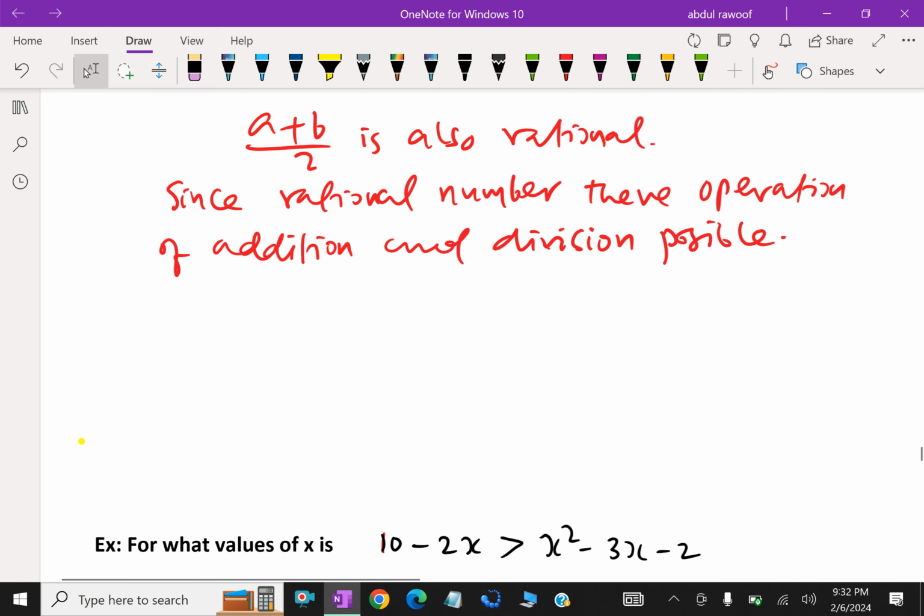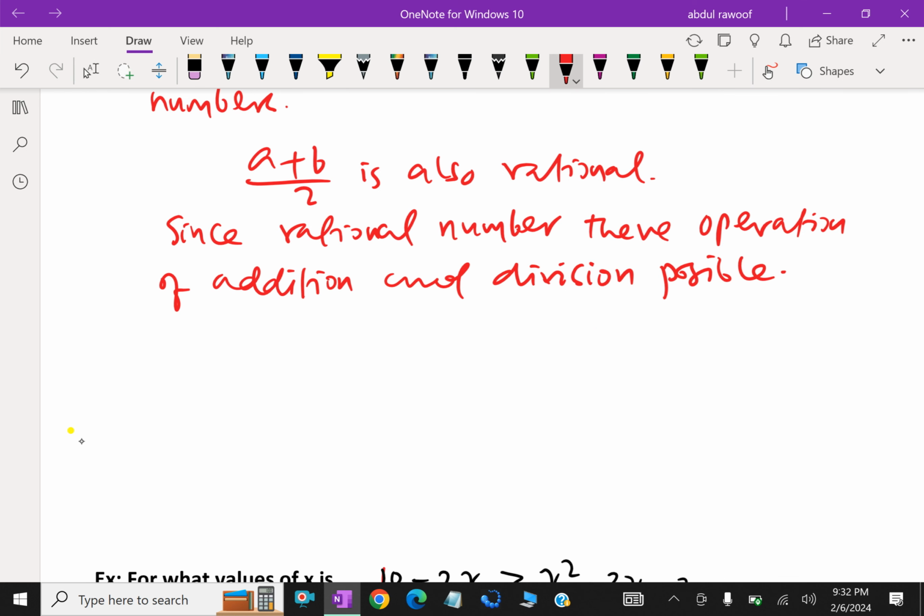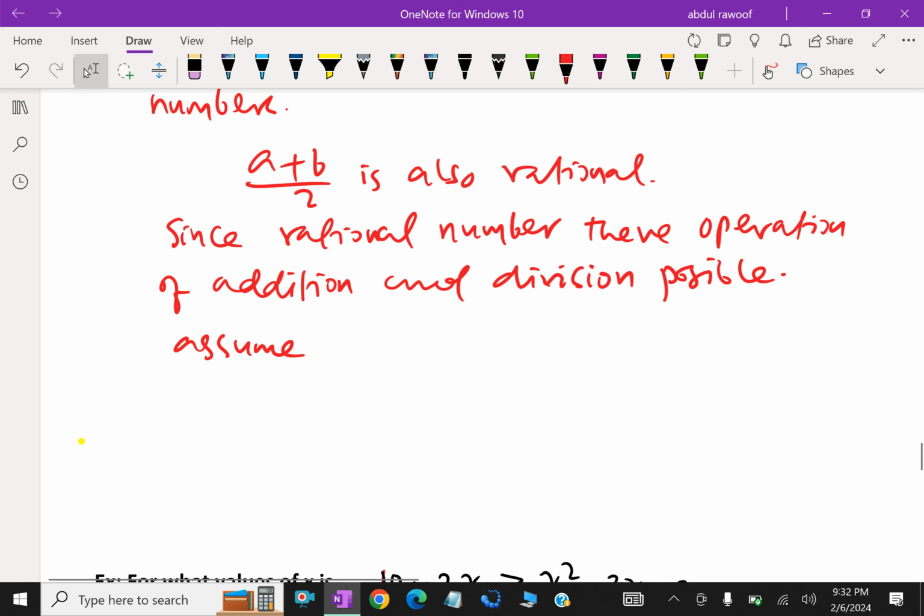Now, assume A is lesser than B, then we can say 2A is lesser than A plus B, and A is lesser than A plus B by 2 also, and A plus B is lesser than 2B.